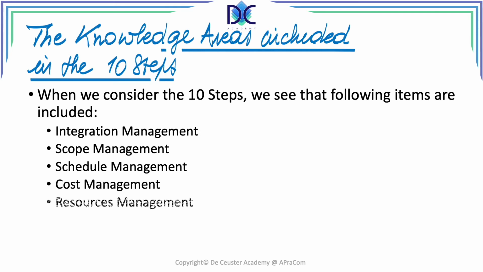We looked at resources management in a limited way. We looked at some elements, but we basically did here only the allocation of resources to the different activities, and we looked at the utilization of the resources over time and found ways to resolve conflicts.